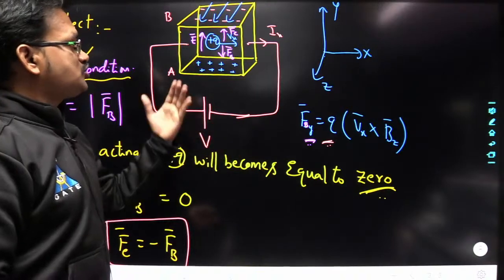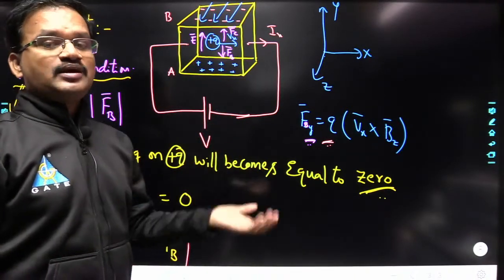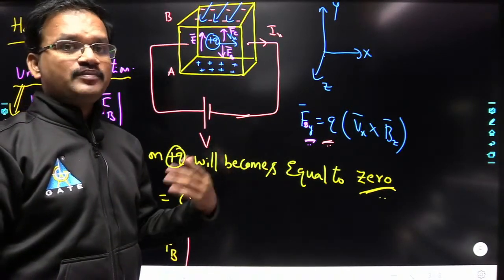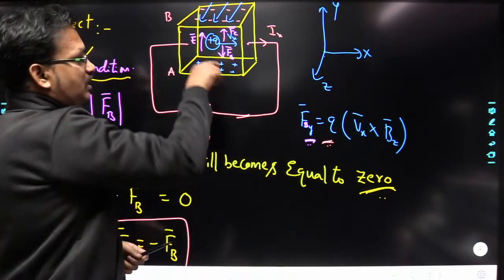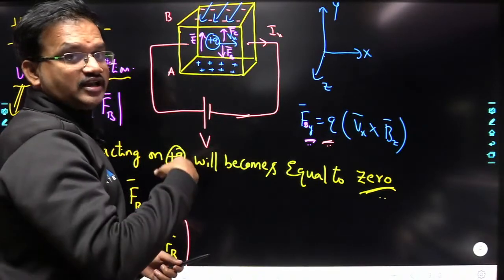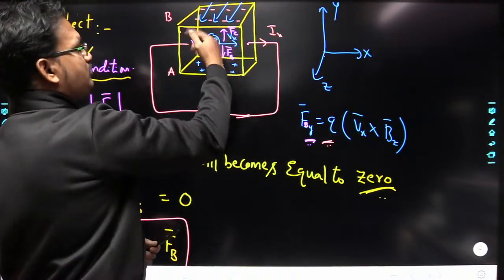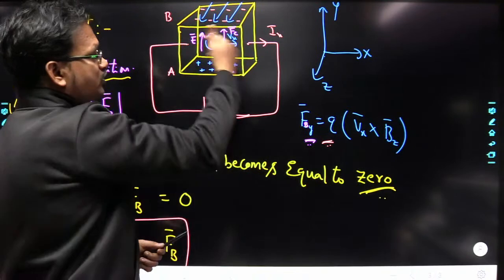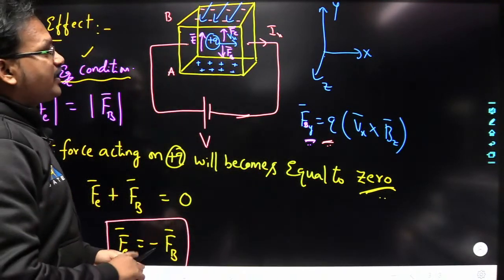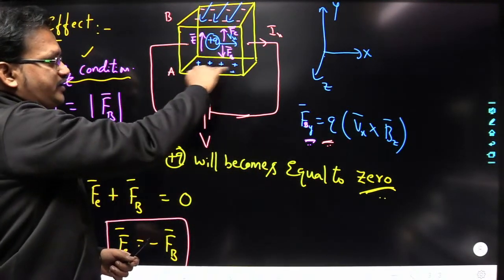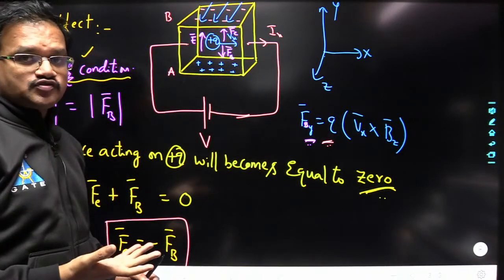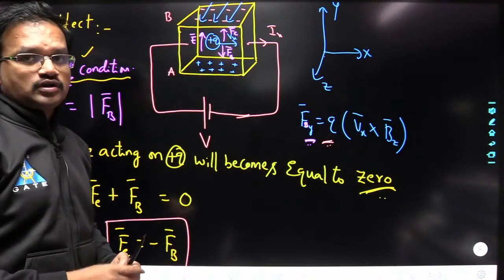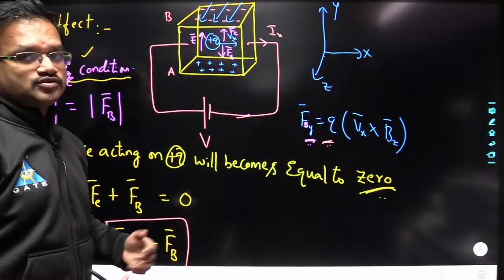Whenever we assume it as an n-type semiconductor, the majority carriers will become negative charge carriers, that is minus q. The current is flowing in this direction, so the negative charge carriers are going to flow from right to left. We have observed that all the negative charge carriers get accumulated at the bottom surface, and at the top surface there will be a deficit of negative charge carriers that can be accommodated as positive charge.